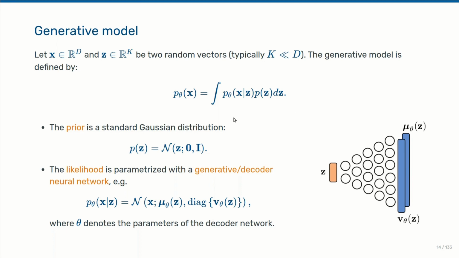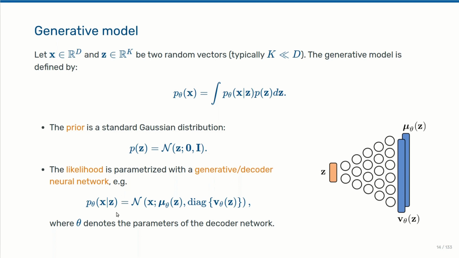More precisely, in VAEs, the prior distribution of the latent code z is assumed to be a standard multivariate Gaussian distribution, and the likelihood, meaning the conditional distribution of x given z, is assumed to be parameterized with what we call a generative network or the decoder neural network.